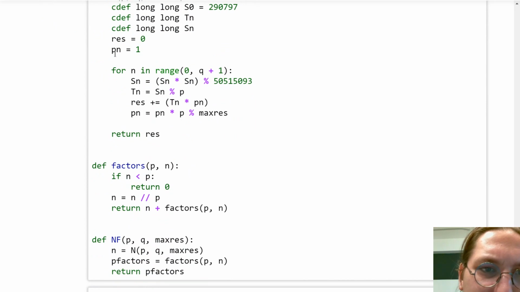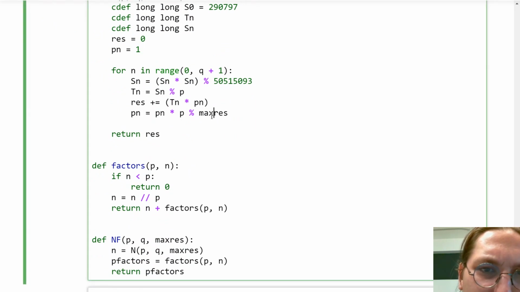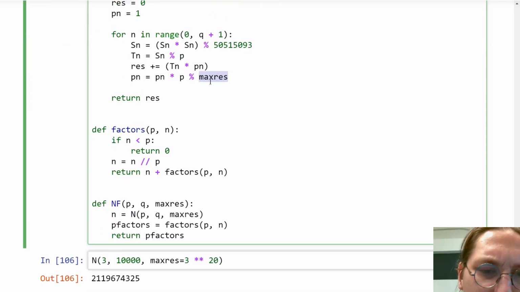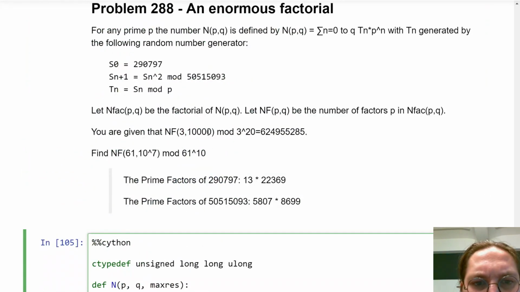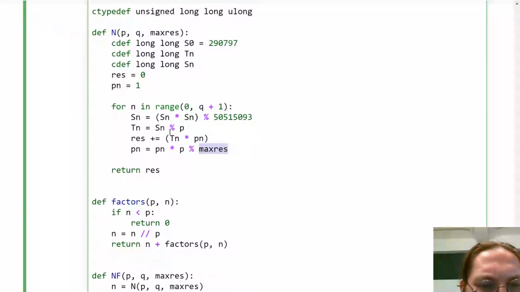I think I had the recalculation of the max res here for some reason. I'm not sure. Okay, so where did we go wrong? We're asking for the p factors in n, but we didn't do the factorial yet.